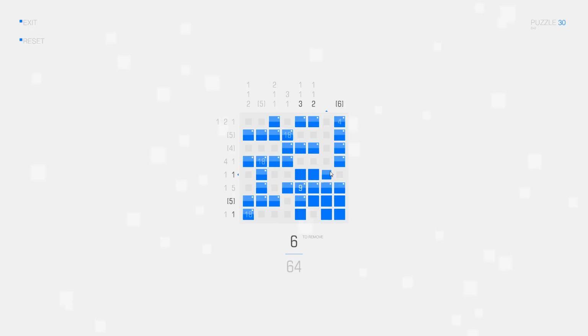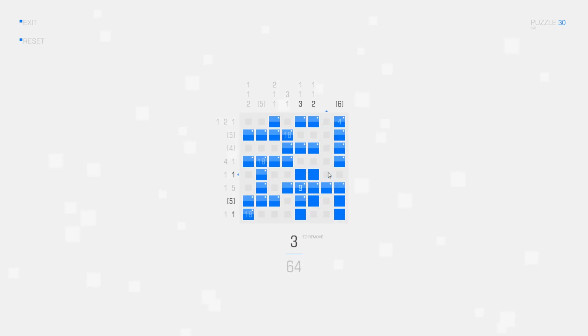Yeah, that would mean that let's check again with the amount of squares I have. I have 1, 2, 3, 4, 5, 6, 7, 8, 9 squares all in all, and I need to remove 6 squares, so I can only have 3 squares left to mark, and they are positioned here, here, and here, so I can delete all of these squares.